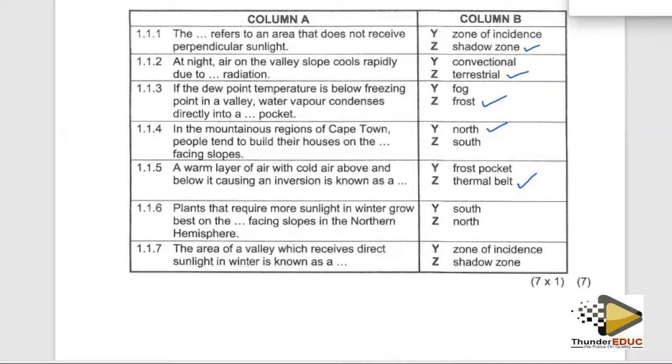So that will be the south-facing slopes, because in the northern hemisphere the south-facing slopes receive direct heat, which makes them warmer, and warmer conditions are suitable for the growth of plants, because they will need that sunlight.